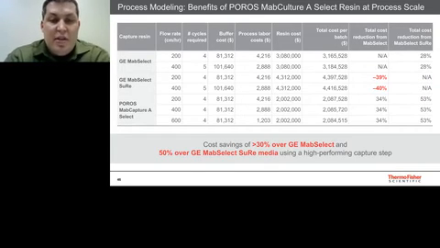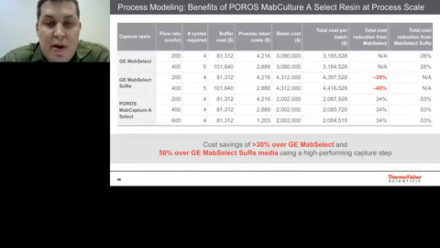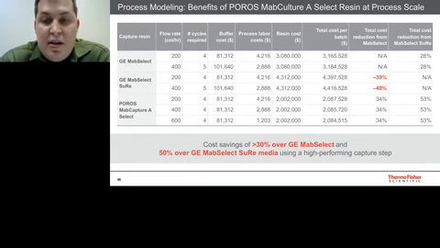If we model a similar scenario where we compared MabSelect, MabSelect SuRe, and MabCapture A Select, we would see significant cost savings. We looked at similar flow rates to those used in the previous model, 200, 400, and 600 centimeters per hour, flow rates, number of cycles required, buffer costs, process labor costs, resin costs, and total cost per batch.